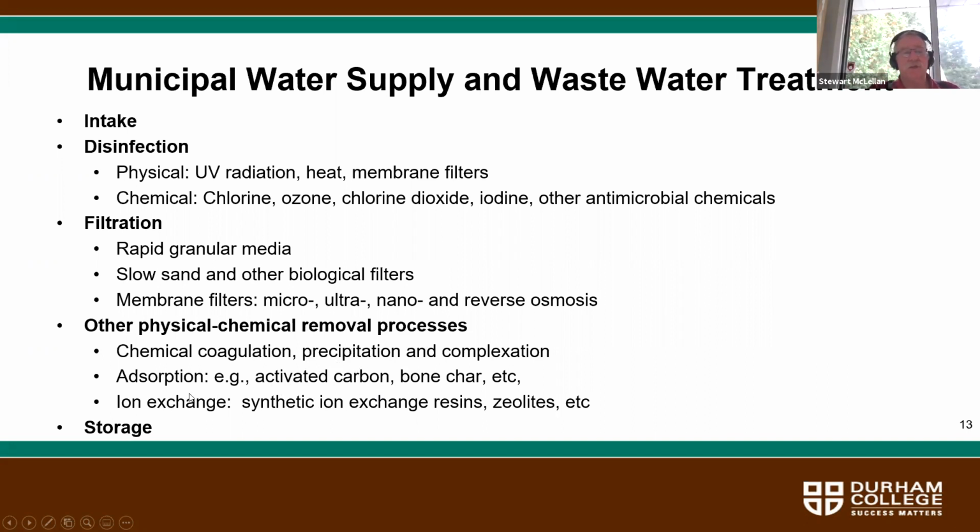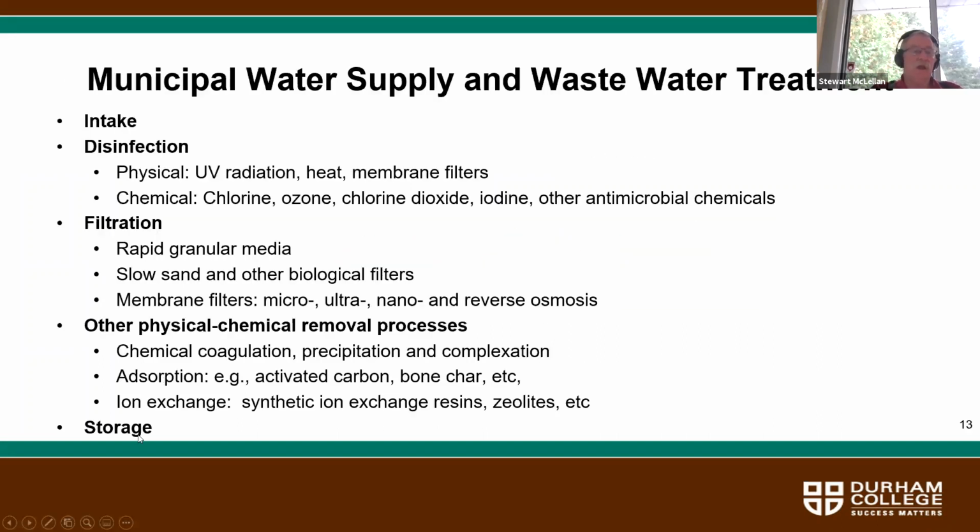And of course, ion exchange. I keep pointing to the example of your lab where you have deionized water because it passes through an ion exchange system consisting of typically several resin beds, which remove suspended solids through the exchange process.